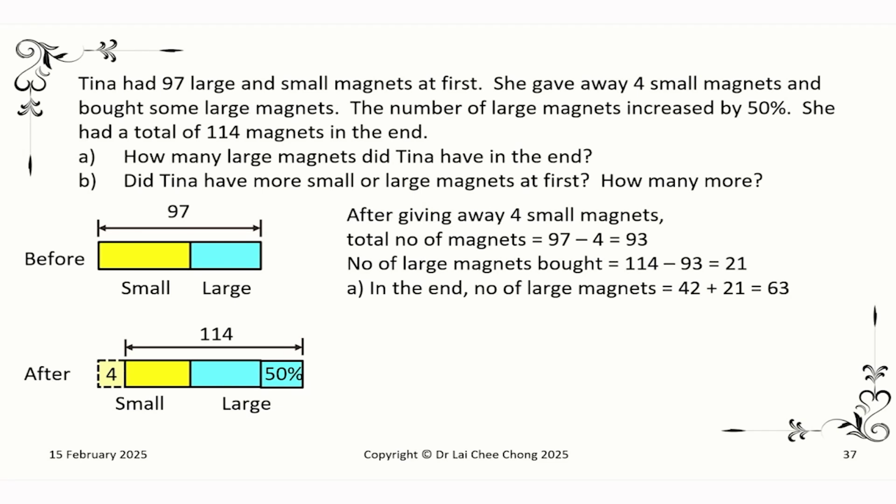It must be this little piece here. Am I right? 114 is from here to here. 93 here, number of magnets after giving away. This is the original though. Am I right? This one is given away. So this must be 93. Am I right to say that? So the difference of this and 93 must be this one here.